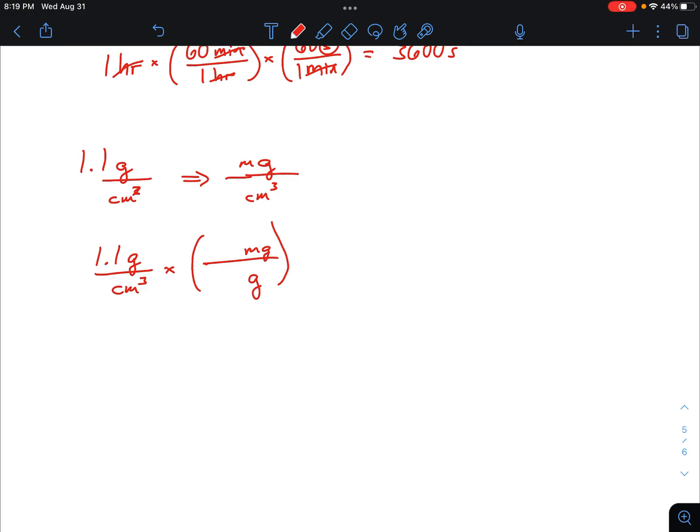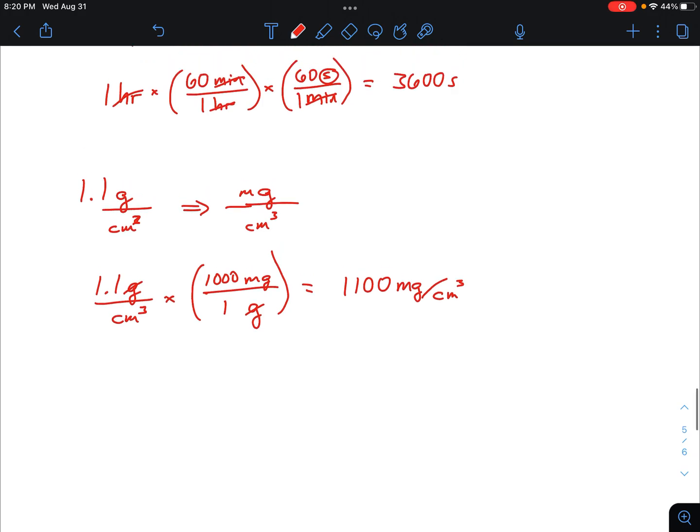So notice that my grams are going to cancel in this, but I need to know that there's 1,000 milligrams in every 1 gram. And so this is going to give me 1,100 milligrams per cubic centimeter. Notice that my cubic centimeters didn't change. All I was changing was grams into milligrams.